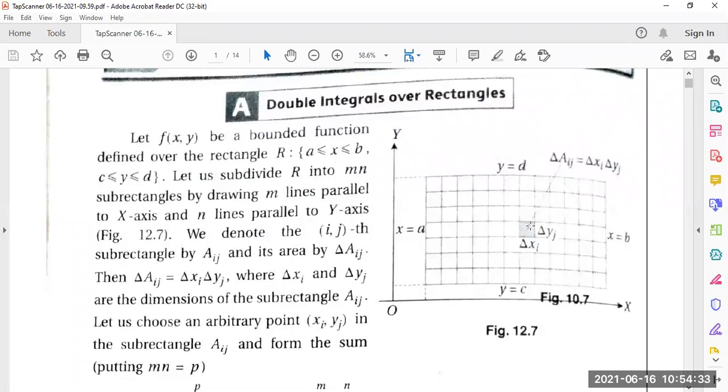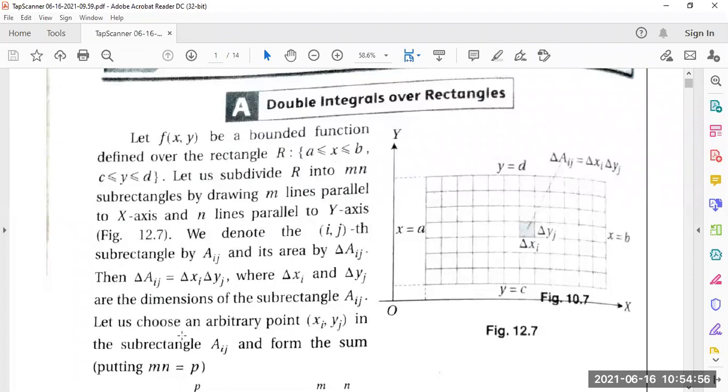Area of the rectangle is length into breadth, where length is delta xi and breadth is delta yj. So the total number of sub-rectangles is mn.